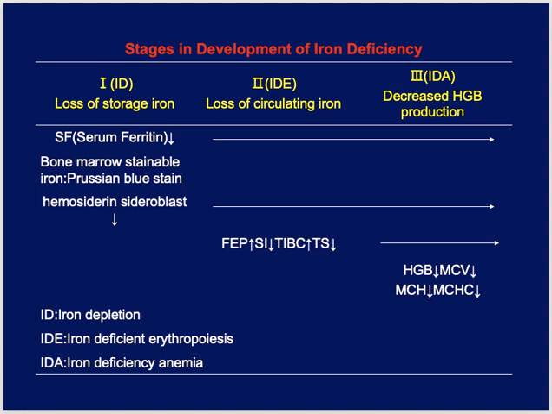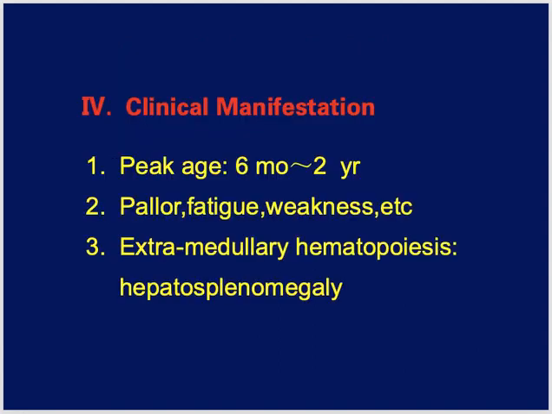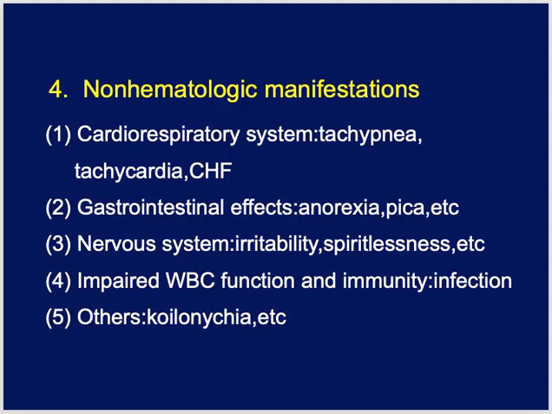Now the clinical features of iron deficiency anemia. As I was discussing yesterday, some of the features are common features. For example, all the people who have anemia have pallor, fatigue, weakness, dizziness, and they may have shortness of breath and may experience palpitations.